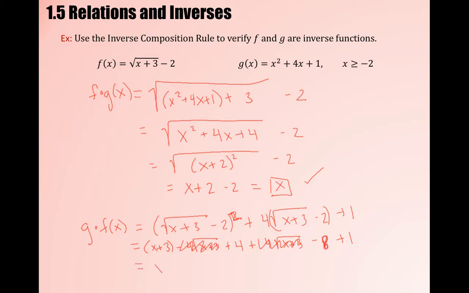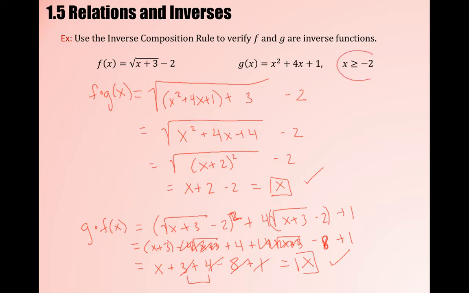So I've got x plus 3 plus 4 minus 8 plus 1, unless I mathematically made a mistake somewhere, which is super possible. I don't think I did. Nope, I didn't. x is what you're going to get here, right? 7 minus 8 is negative 1 plus 1, so these will all cancel each other out. You get x, right? So that verifies it.